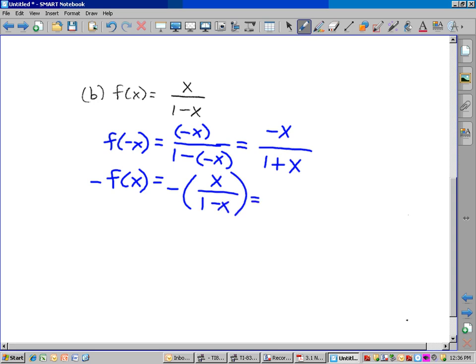Now when we distribute that negative, how do we do that? In front? We could do in front. That's true. Okay. If I was going to move it into the fraction, where do I put it?